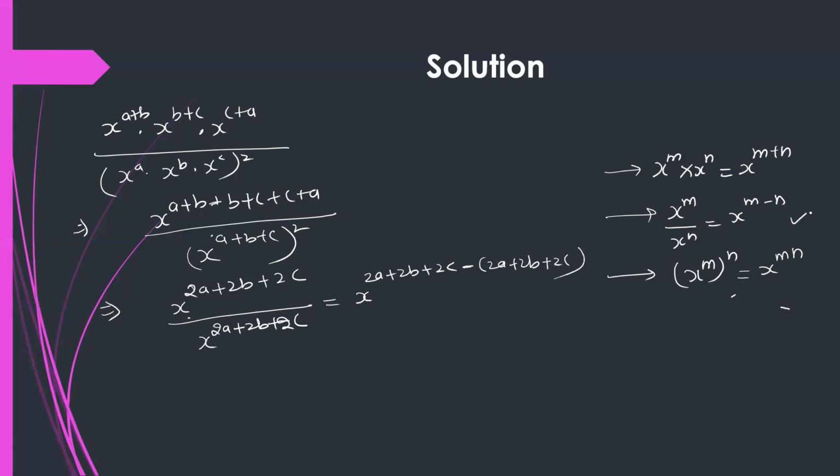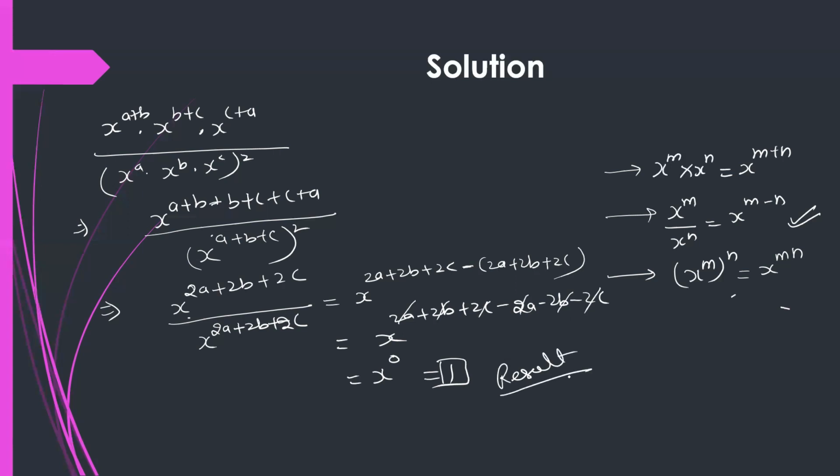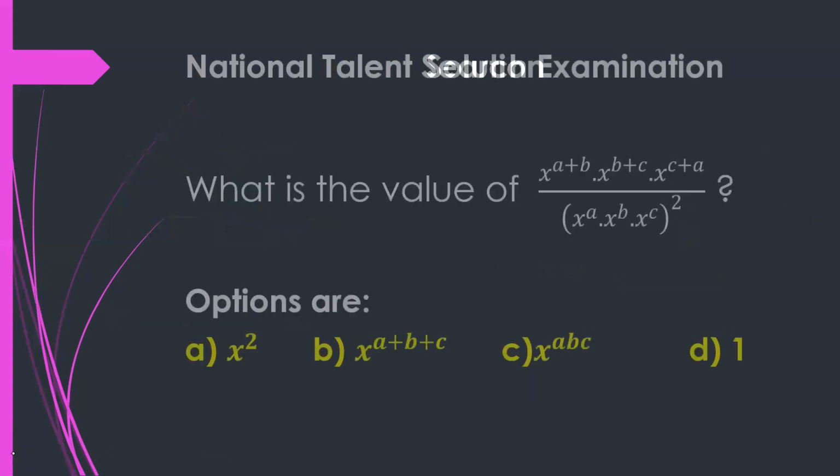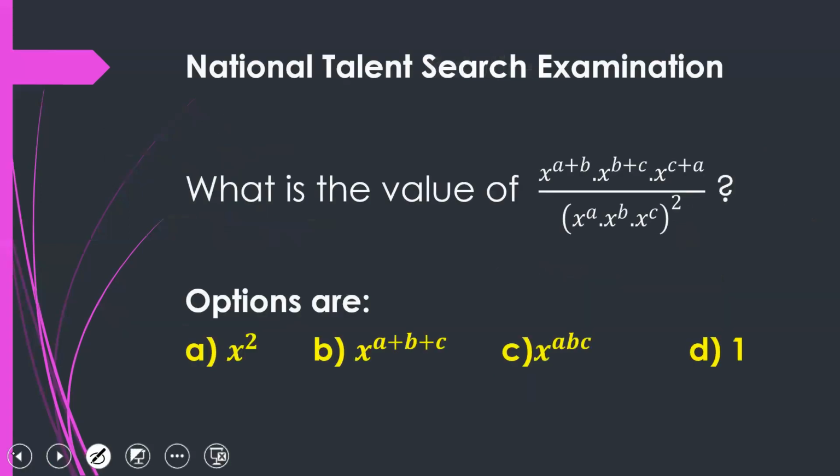Using formula number 2, we'll get x to the power 2a plus 2b plus 2c minus 2a minus 2b minus 2c, which gives you, everything gets cancelled and you are left with x to the power 0. Any value to the power 0 gives you 1 as your answer. This is the required result. Let me see whether 1 is the answer of the problem or not. Yes, 1 is one of the options. So this is the required solution.